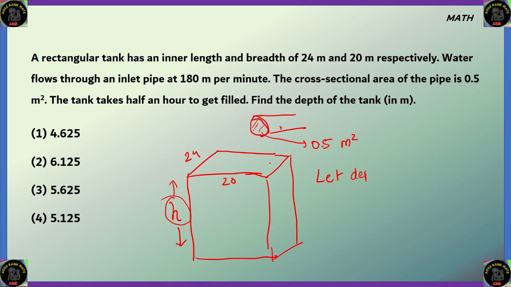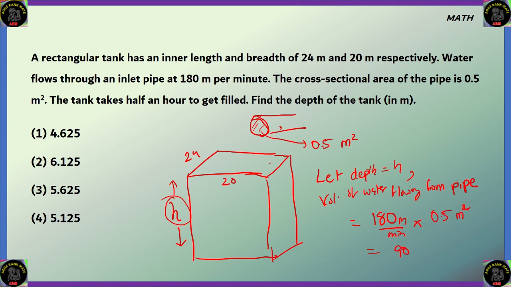So let the depth, which we already assumed as h, equal h, and from this we can say that the volume of water flowing from the pipe through the cross-sectional area would be equal to 180, that is the flow, 180 meter per minute, into 0.5 meter square.